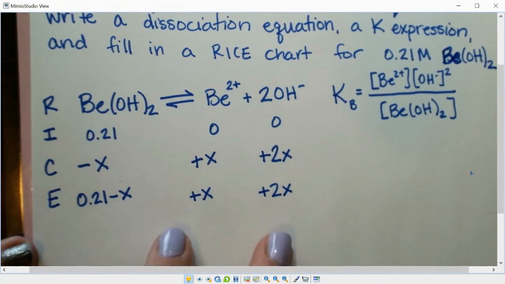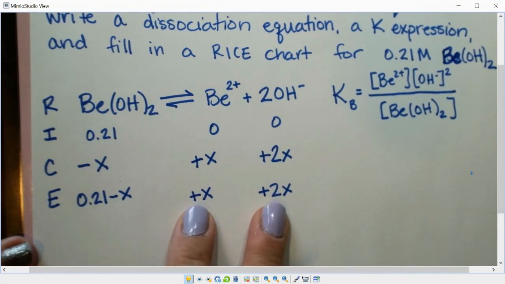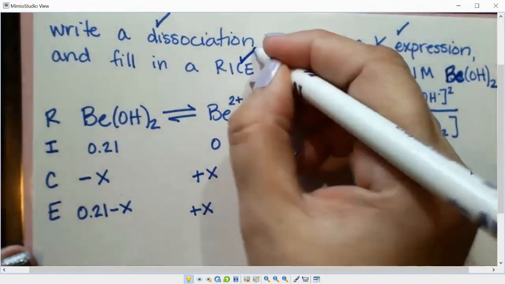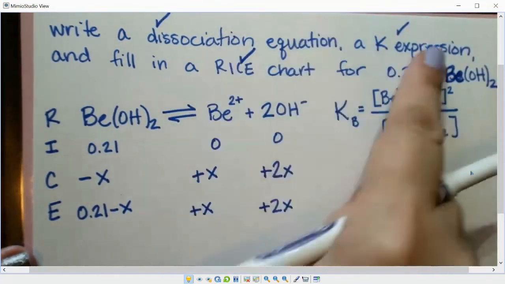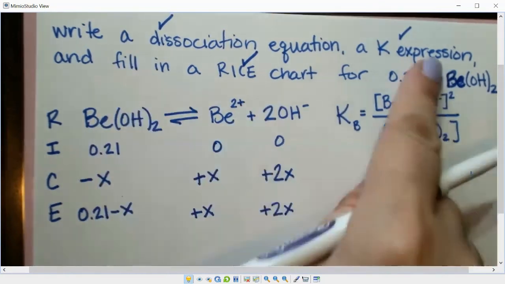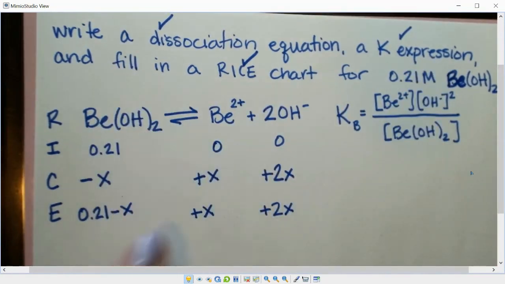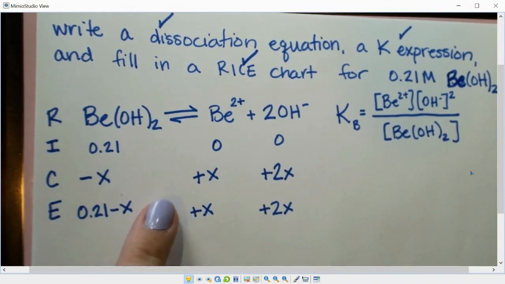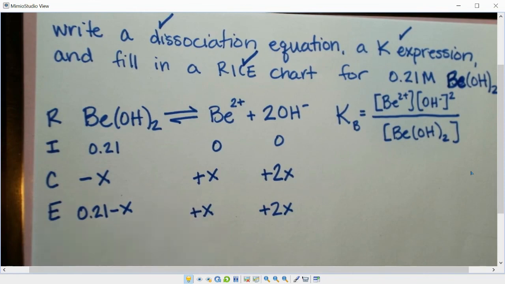I've left the zeros out here because mathematically they're not going to affect anything. And that is our RICE chart. Check. So we have all 3 components that we were asked for in this question. Now try a couple on your own on the Pear Deck slides, and then there's a second video that shows you what you can do with this to actually solve for some information.